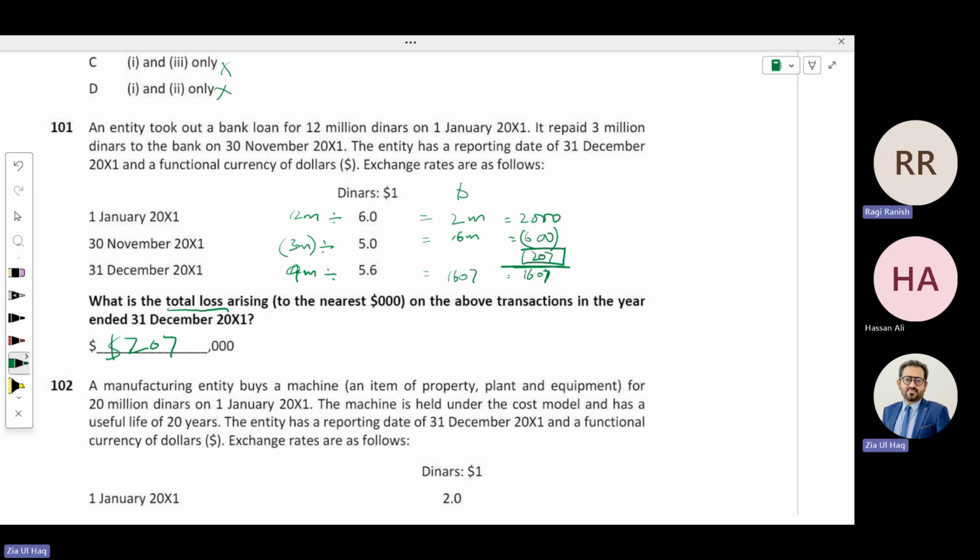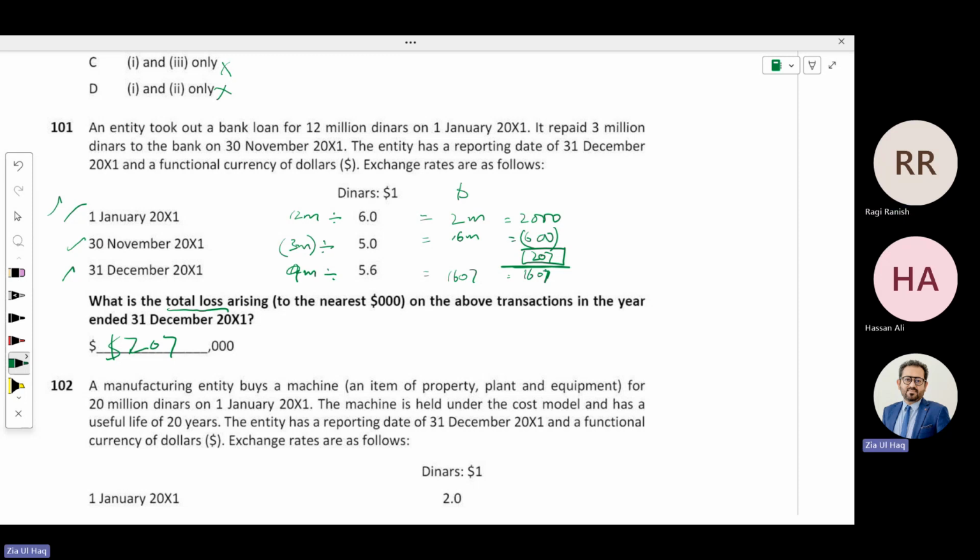Or you can calculate both losses separately. For the 3 million, calculate the amount at the rate at the start and at the payment date, and calculate that loss separately. For the 9 million, calculate the amount at the start and at the closing rate, and calculate that loss separately. By adding both the losses, you will get 207.